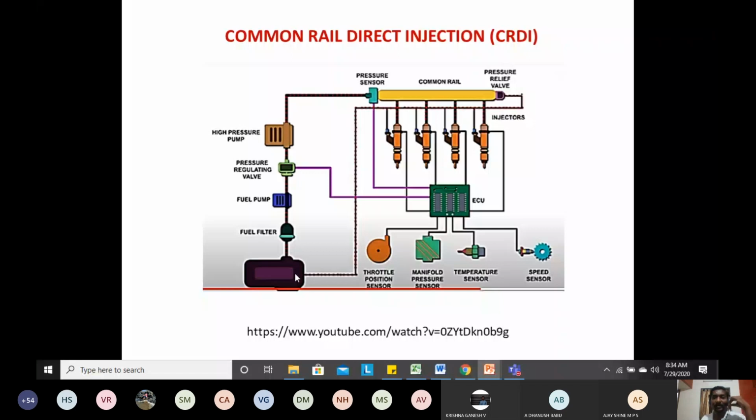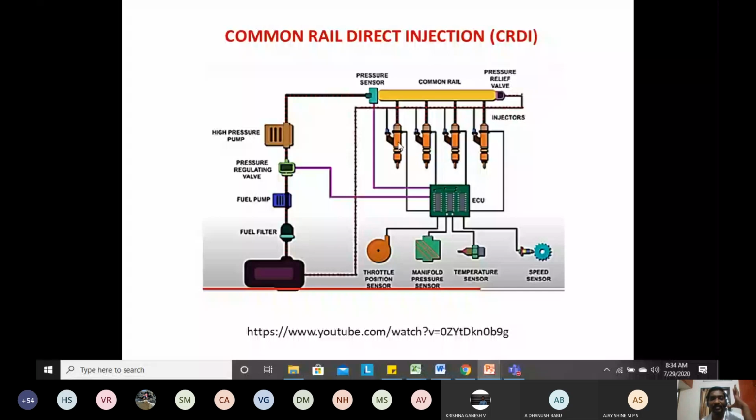Now, when high pressure fuel is present in the common rail, let us say this cylinder is going to fire. Assume that cylinder 1 is going to fire. Then the fuel injector is going to be opened. This has a fuel injection valve, which can be operated electronically or mechanically. If it is mechanically operated, then we have a push rod and rocker arm arrangement.